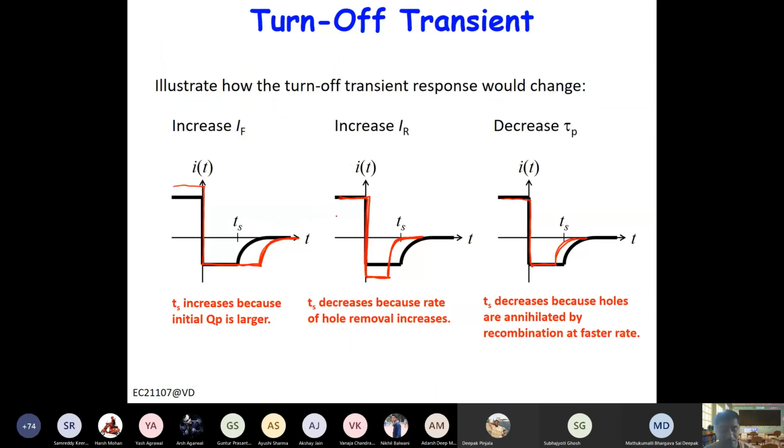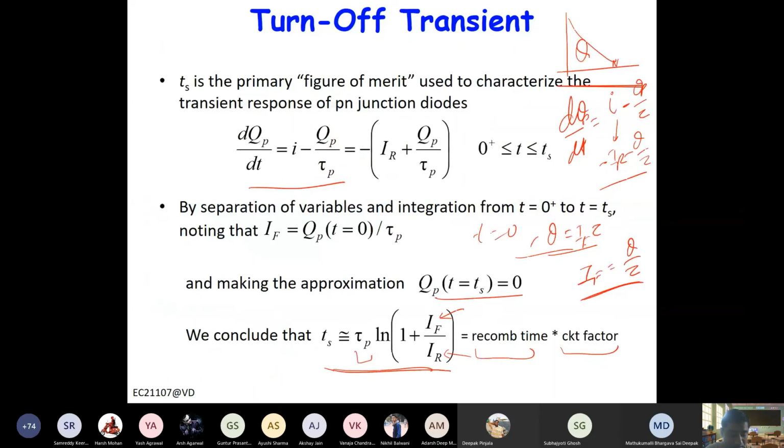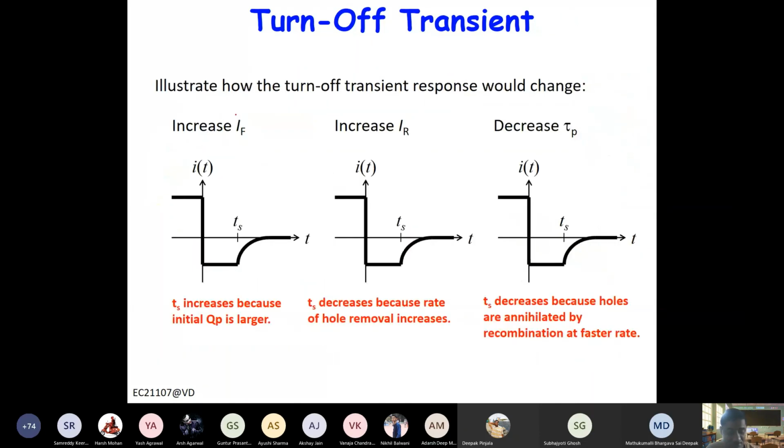Let's see the equation. dQ by dt is minus IR minus QP by tau p, so you get dt by tau p and dQ by IR plus QP by tau, right? So that's what you should get.